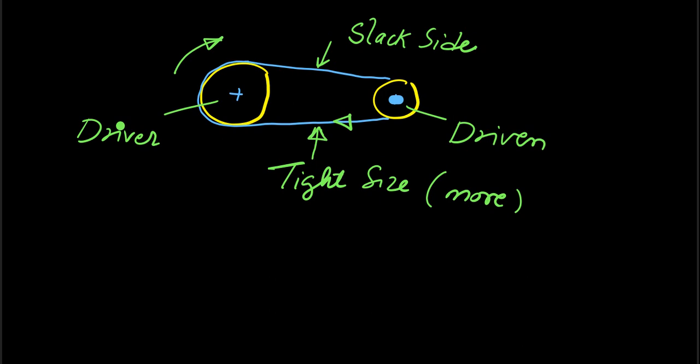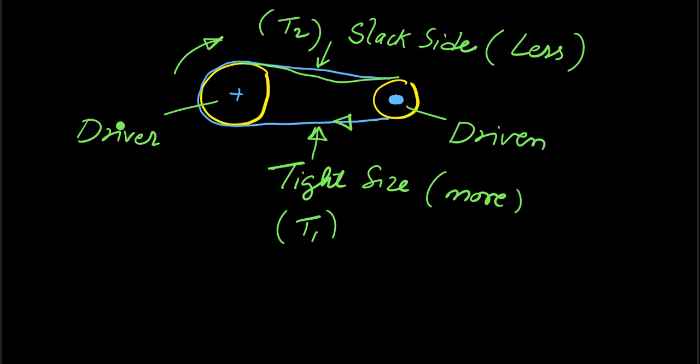Whereas in the slack side, the tension will be less, so it is called the slack side. Let us say the tension in the tight side is T1, and the tension in the slack side is T2.